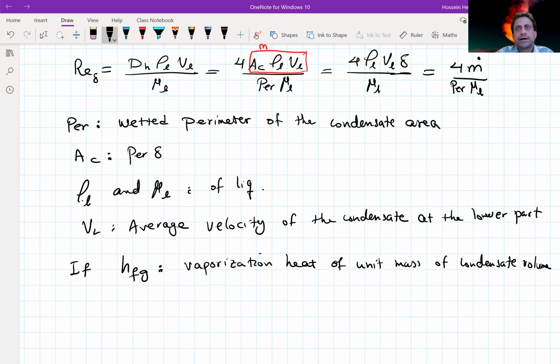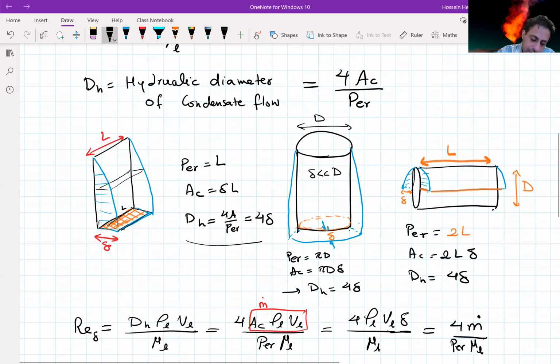Then the actual condensate, now condensation is happening at this liquid surface, and this condensate is further cooling down because it's going to reach TS at this side.